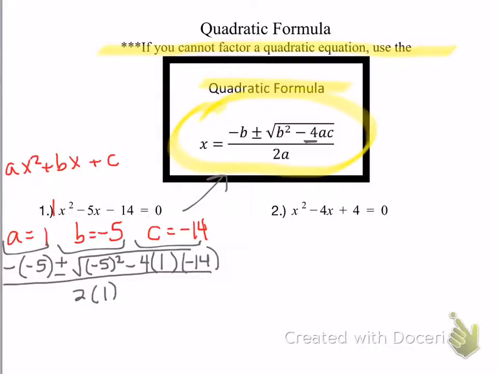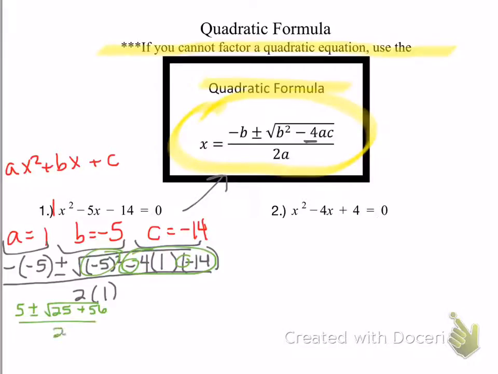I set it up. The next thing I want to do is simplify it as much as I can. I'm going to find what -5 squared is and what -4 times 1 times -14 is. So I'll have 5 plus or minus radical 25 plus 56, because a negative times a negative gets you a positive.